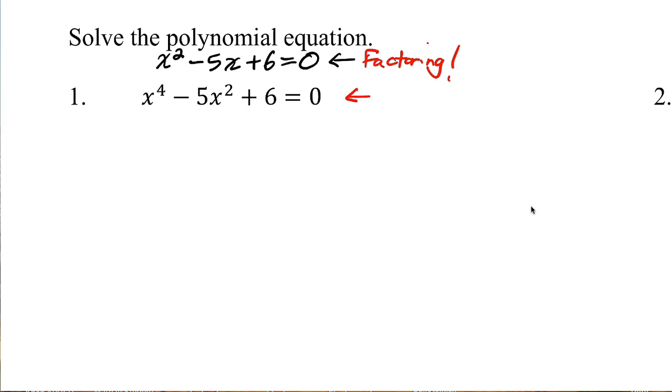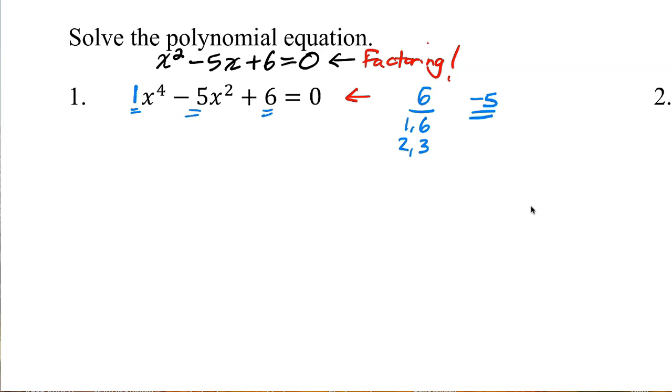So to factor this, what we would do is take the 1 and the 6. We multiply those, so that's a 6. And then we want factors of 6 that will add to negative 5. If you need to write factors of 6, there's 1 times 6, 2 times 3, there's not too many of them.